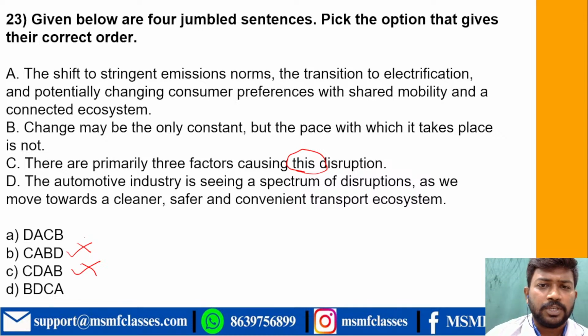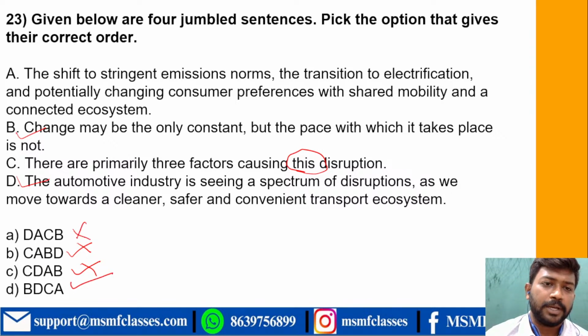The automotive industry is seeing spectrum, BD. I think if you see here, they are speaking about a change here. So what is that change? That is mentioned in D. So automatically B and D becomes the combination. So answer is option D.